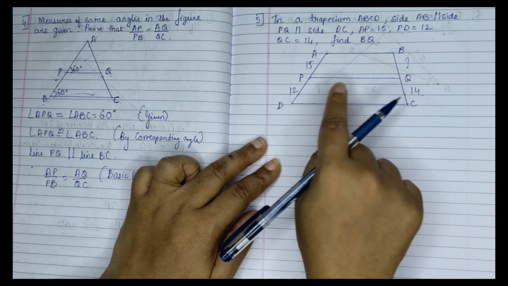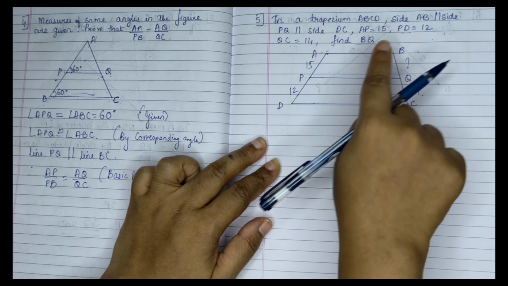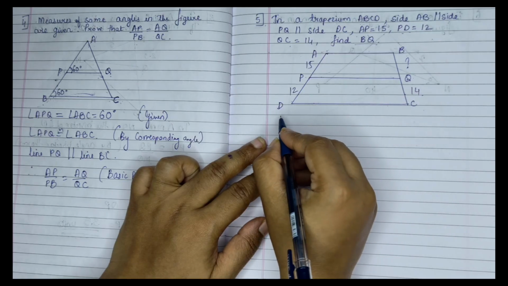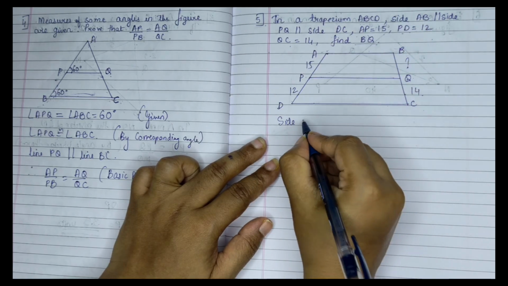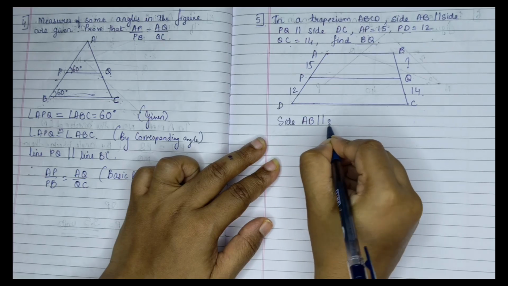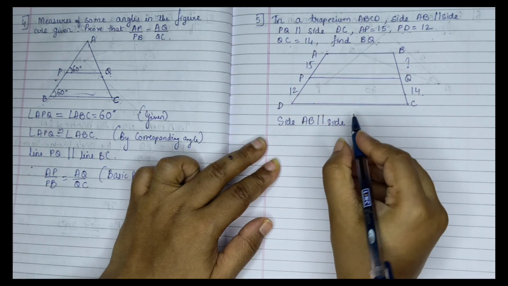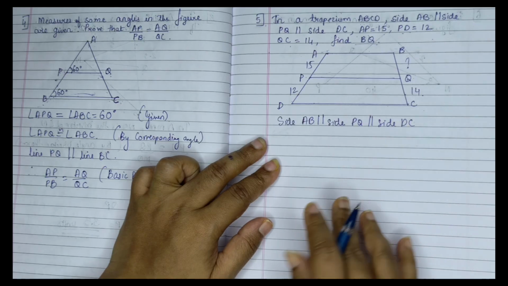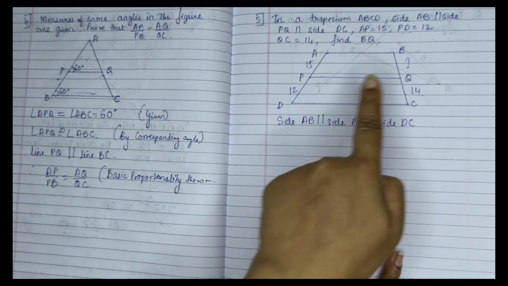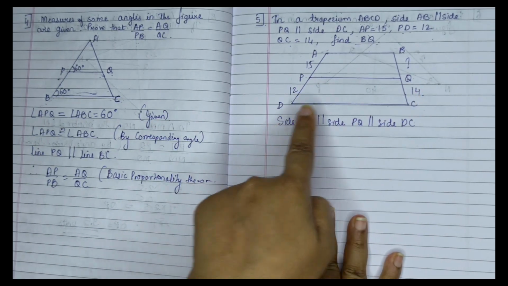Side AB is parallel to side PQ is parallel to side DC.